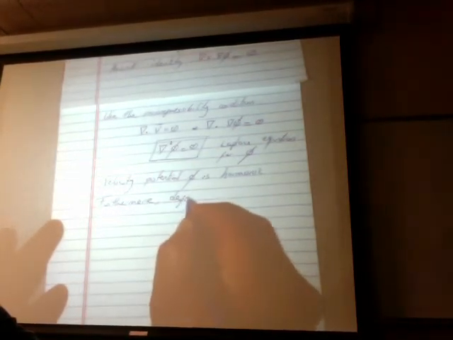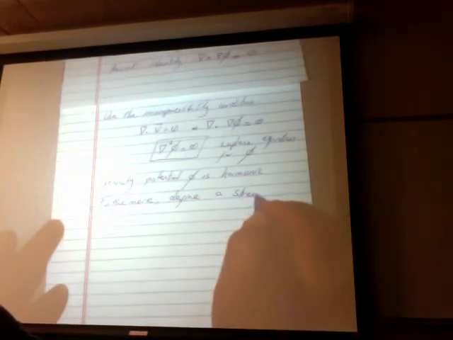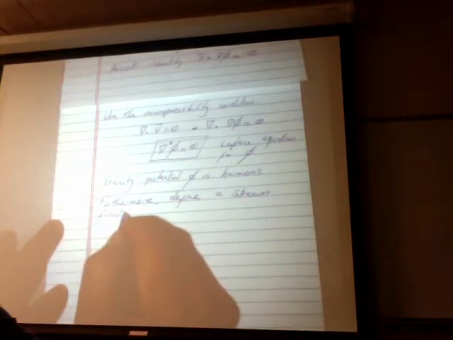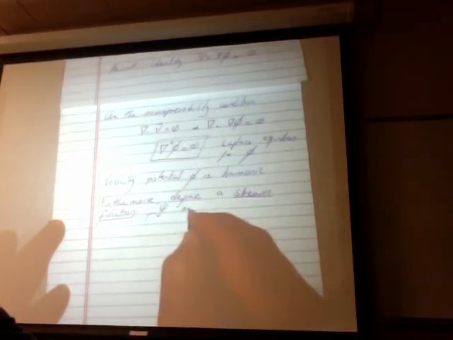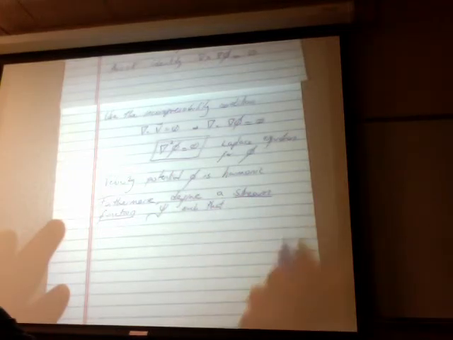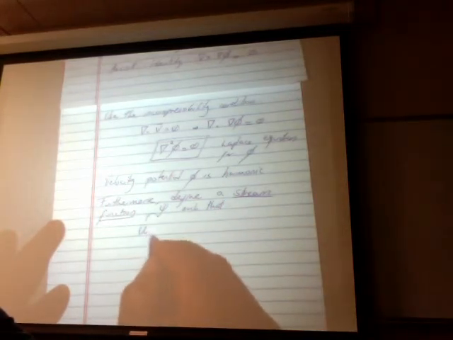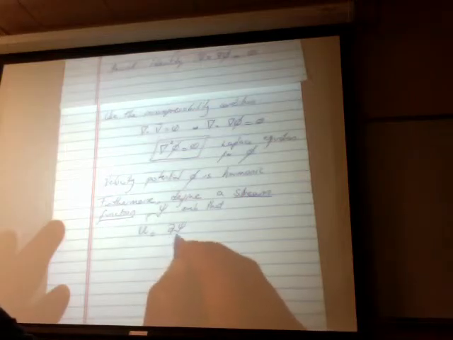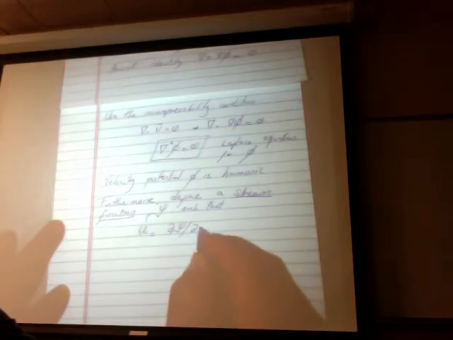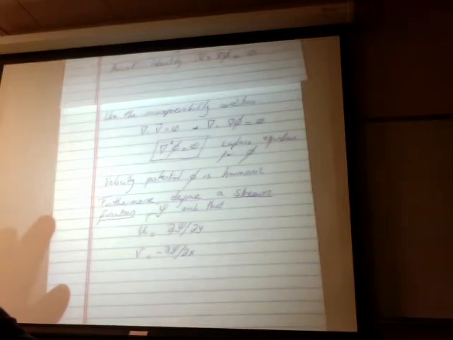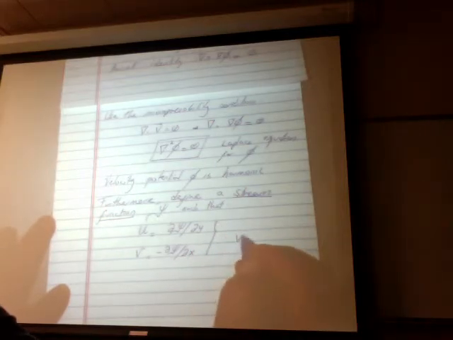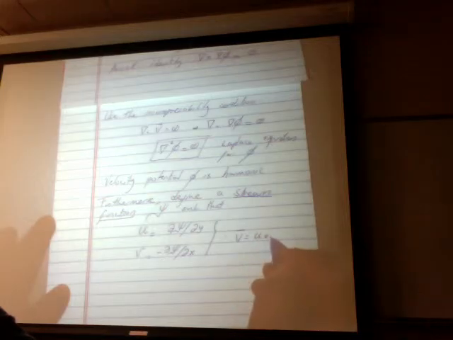Furthermore, define a stream function psi such that u is equal to d psi dy, and v is equal to the negative of d psi dx. Remember that the velocity field is u in the x direction plus v in the y direction. We're doing this in 2D.